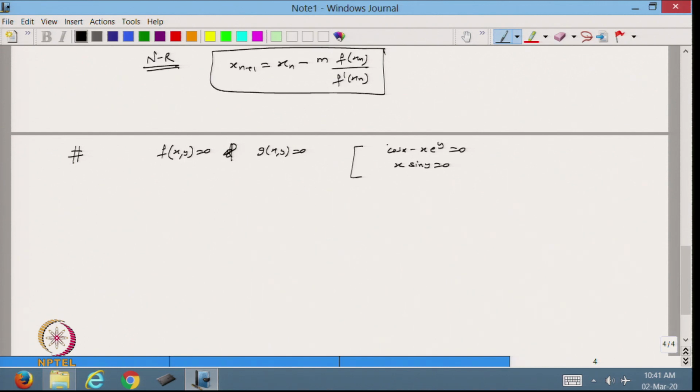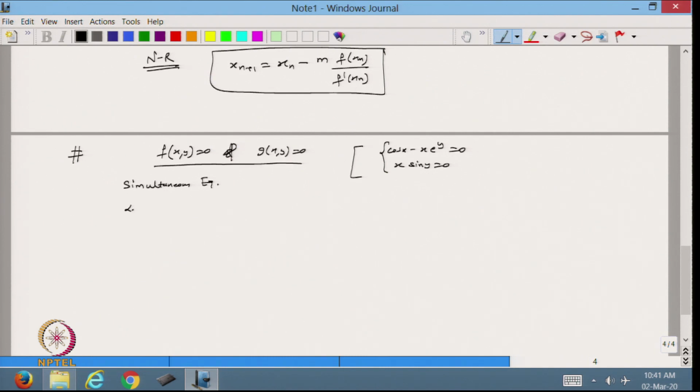So, in this case I have two equations and I want to find the roots of these equations. So, f(x, y) equal to 0 and g(x, y) equal to 0. That is what we call simultaneous equations. So, how to find out the roots of this simultaneous equation?